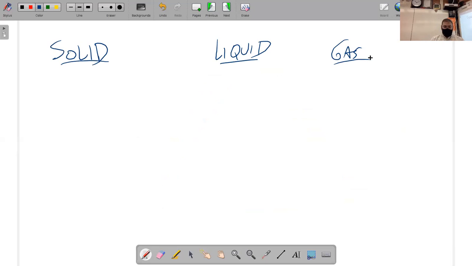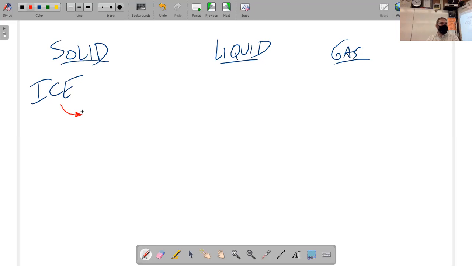Ice. Let's talk about ice for a second. You can have ice in the ocean, and there are two kinds of ice that happen in the ocean. Do you know what they are and how they end up forming? Give me one example of where you'd see ice in the ocean.